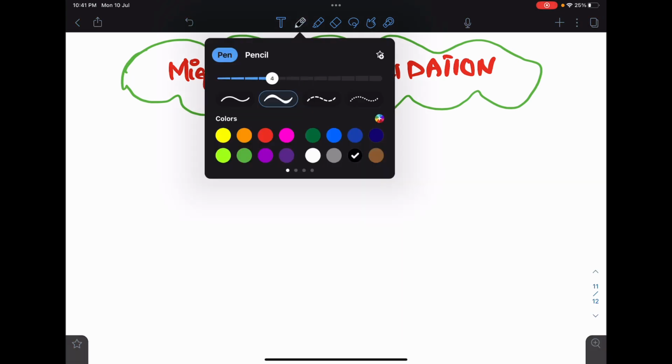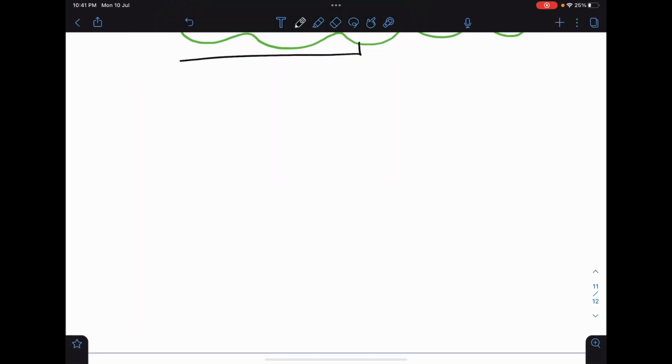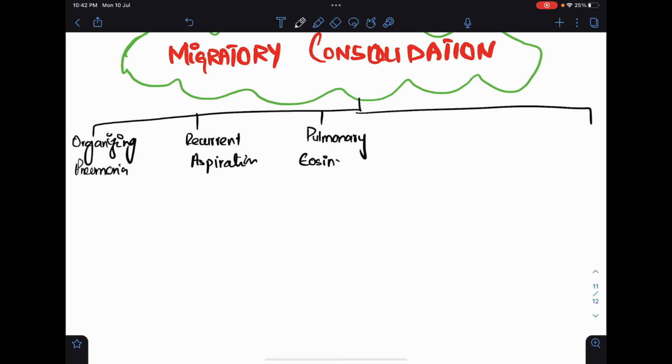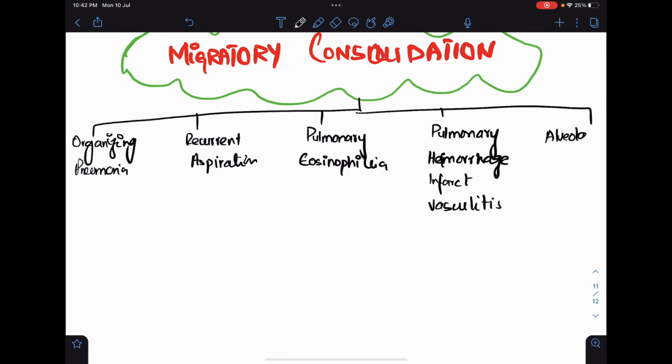So DDs involve organizing pneumonia, recurrent aspiration, pulmonary eosinophilia, pulmonary hemorrhage, infarcts, vasculitis, or alveolar proteinosis.